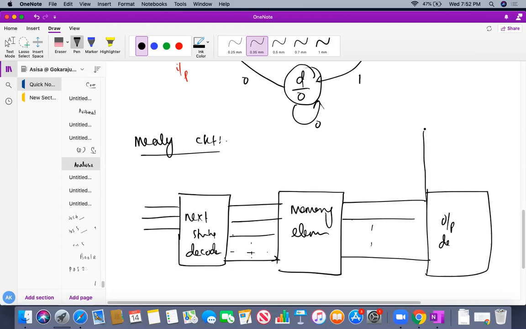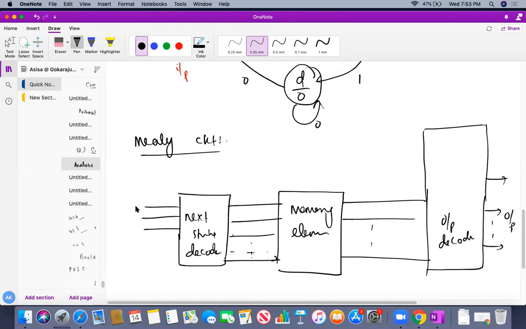So you can take like this. This is my output decoder. So this is my complete output decoder, and these are my outputs. These are my outputs, these are my inputs, and there is some feedback path from here.